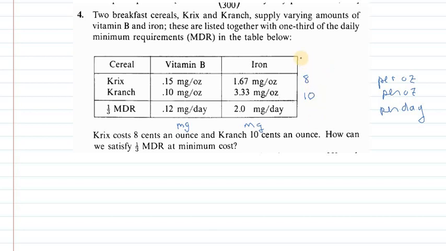I'm sorry, that's not profit, it's cost, because this is a minimization problem. This is a cost problem. So what are the units for the column here? Well, the units are dollars. And in fact the total cost is going to be dollars per day. So these units work out.